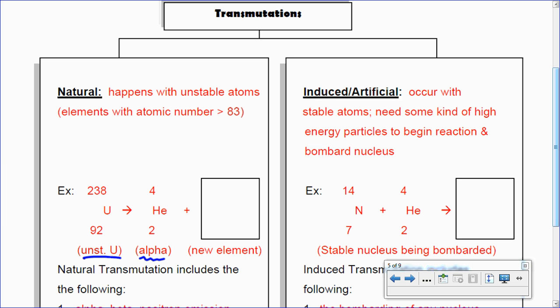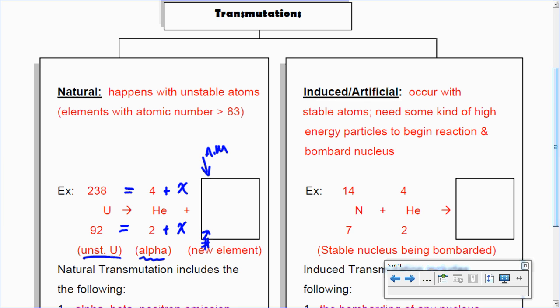The great thing about nuclear chemistry is we always have to conserve mass, just like in any balanced equation. So what you do is you say 4 plus something equals 238. And 2 plus x is 92. So what we're doing is figuring out the atomic mass and the atomic number to figure out what the new element would be.